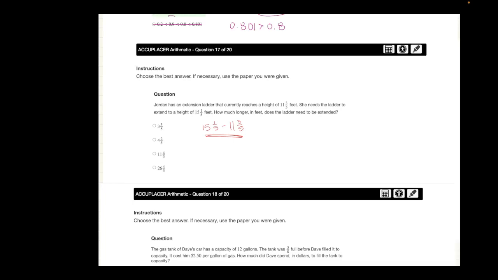So we can convert 15 1/5 to 76 over 5, minus 58 over 5. There we go, and that's going to give us 18 over 5.